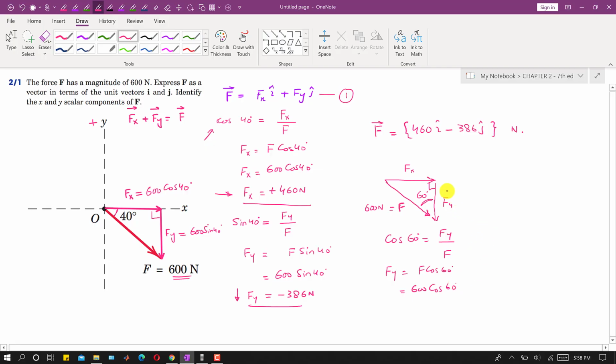This is just an example. If the given force is making angle with f of y, then this f of y will be the cos component. So without applying cos of 60, we can write that f of y will be 600 cos of 60 and f of x will be 600 sine of 60. You people need to remember this concept.